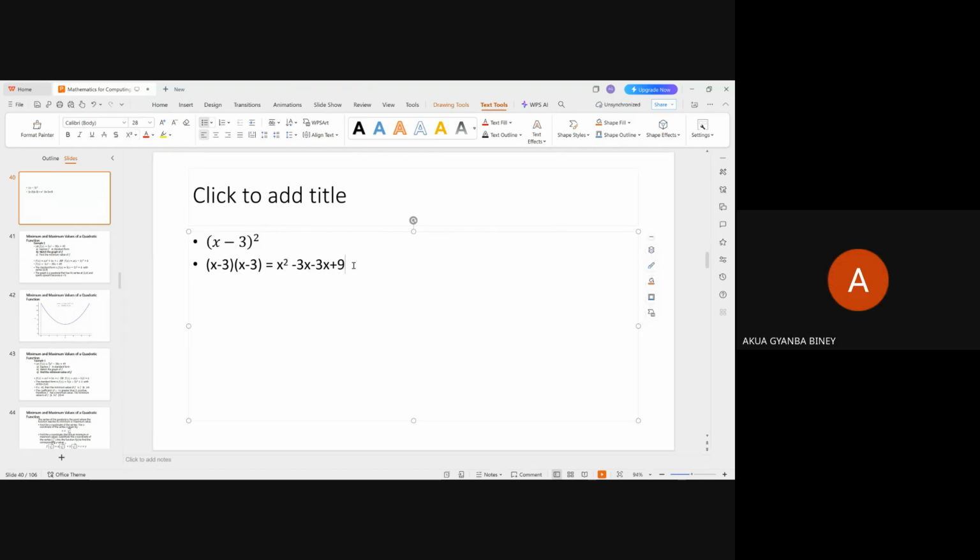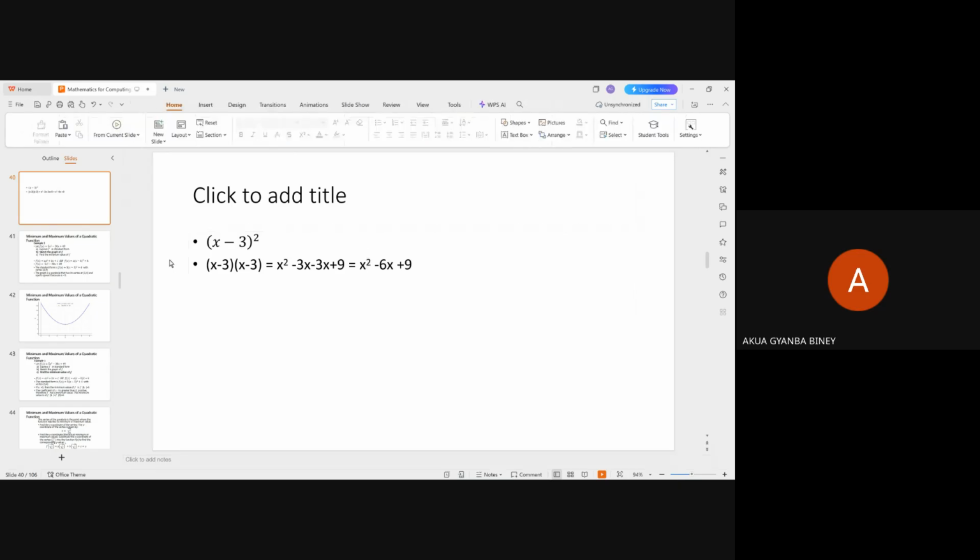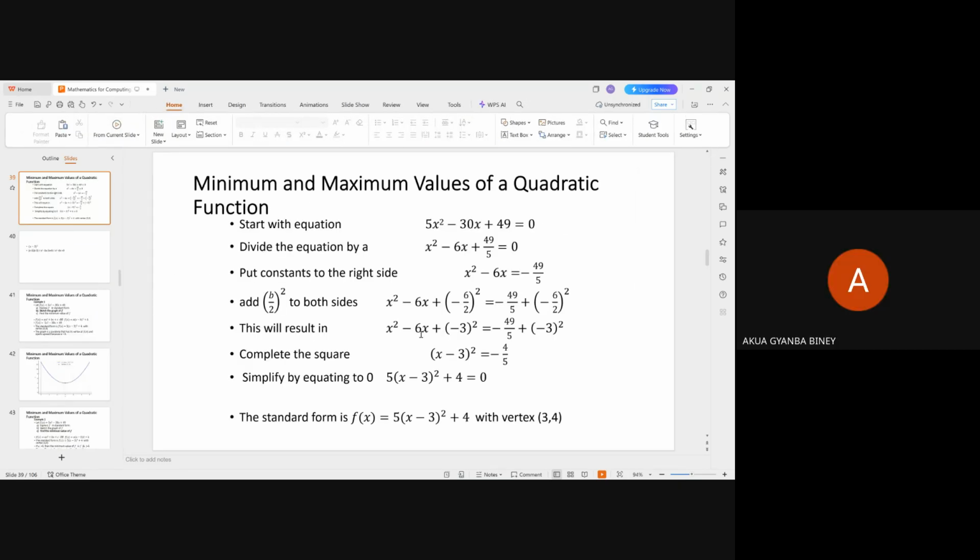So now, if I should continue, won't I get the x squared minus 6x plus 9? Yes, I will get it. And that is exactly this one again.